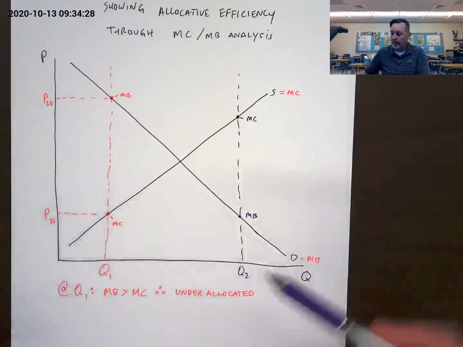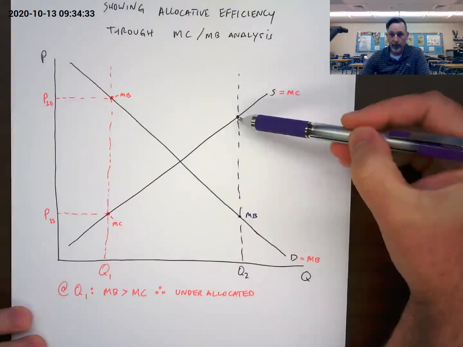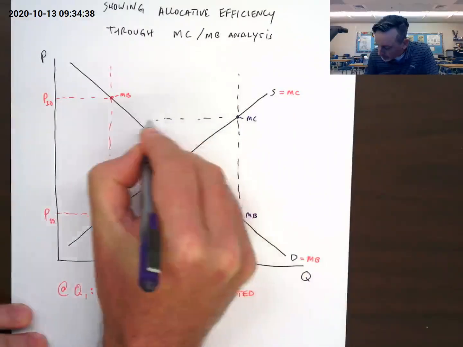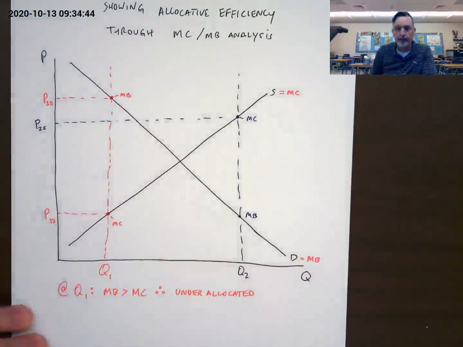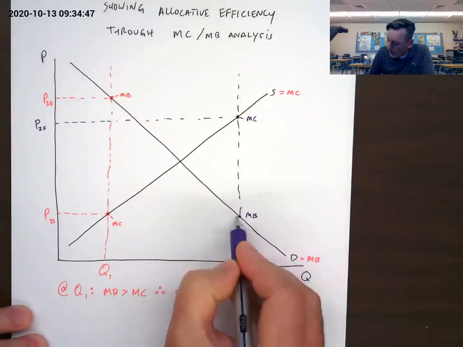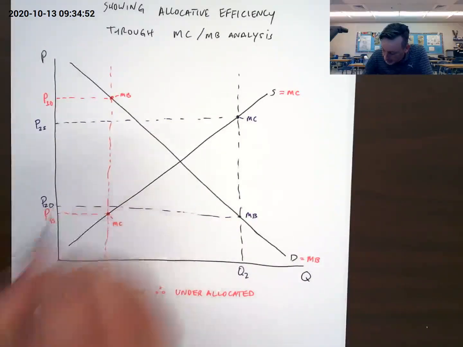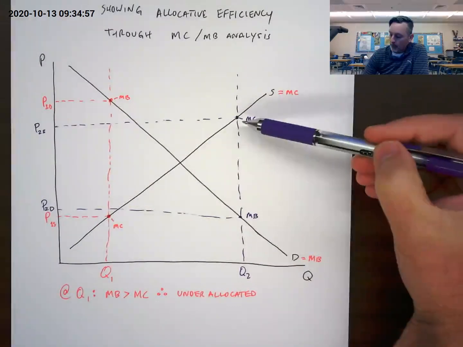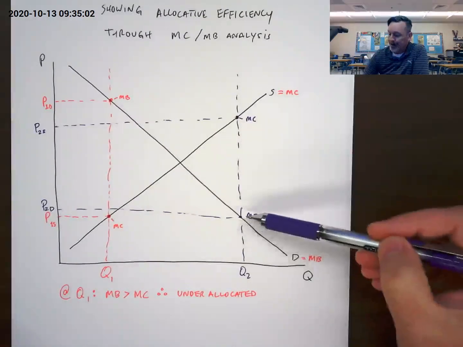In essence, what we're saying is at Q2, the value of resources lost to society is here. So this is P2 for the supplier, okay? And here's P2 for the demanders, all right? And what we can see very clearly is that we are using up a significant amount of society's resources, but we're not creating that much happiness, all right?